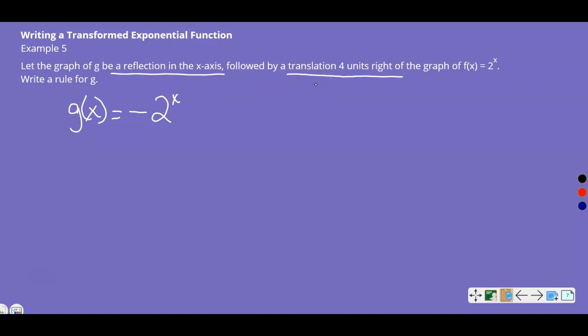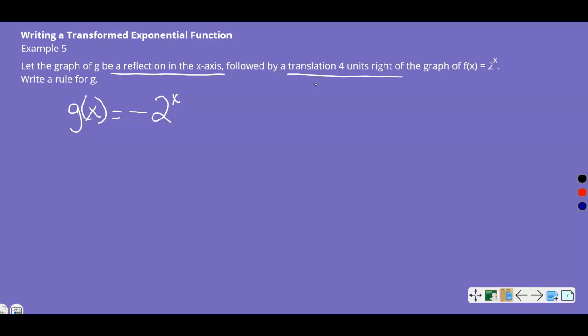Remember, moving left or right is always going to be opposite the sign. So if we want to move it to the right, even though that's going in the positive direction, if you're thinking about a graph on the x-axis, moving to the right is going in the positive direction. But because a horizontal translation is always opposite h, that means it's going to be a negative.